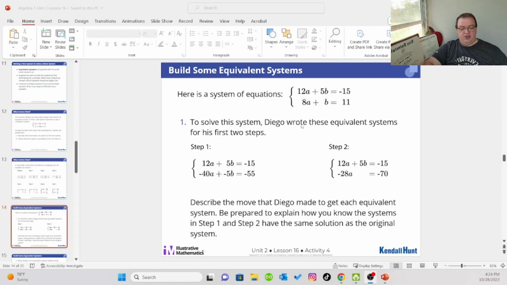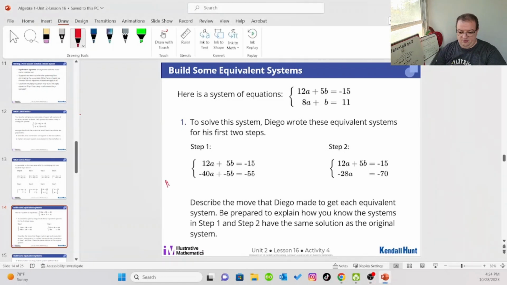We can see that b is now negative 5b, and we can see that 11 is now negative 55. So it looks like they multiplied the bottom by negative 5.